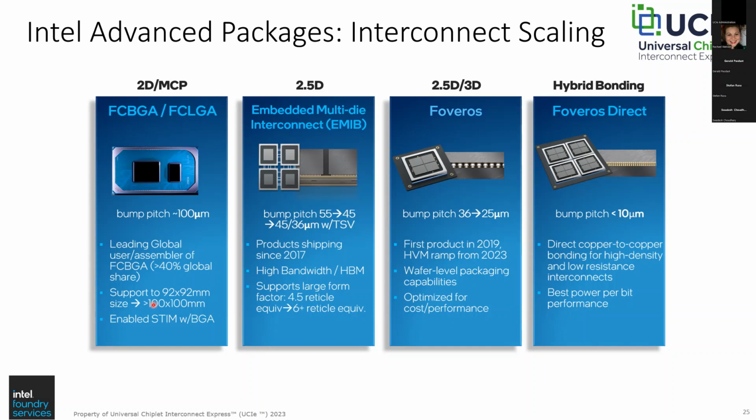You can see the bump pitch scaling from about 100 microns in the flip chip BGA on the left to less than 10 microns with the hybrid bonding on the right side of the slide.